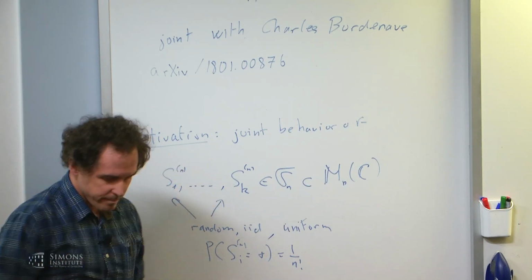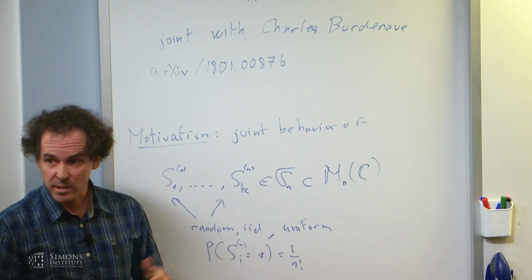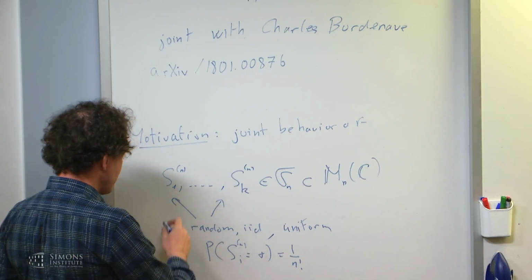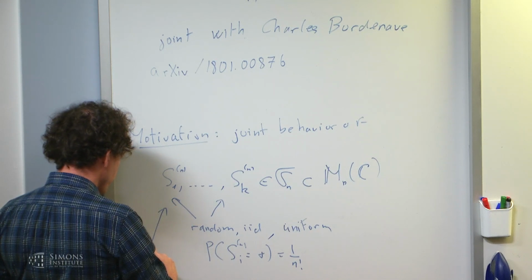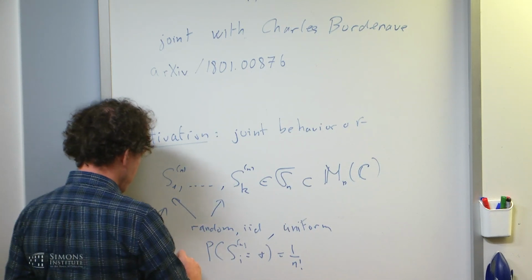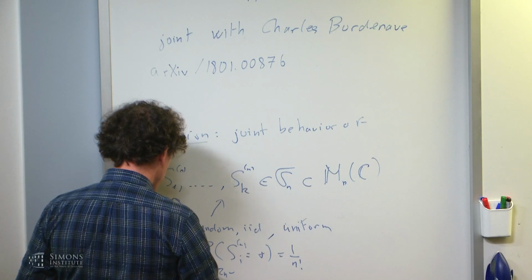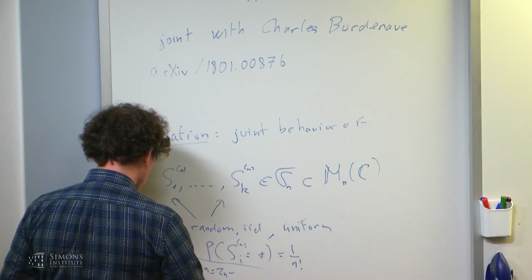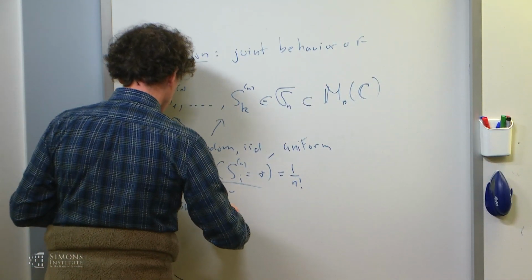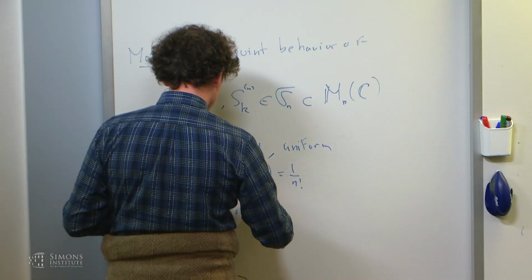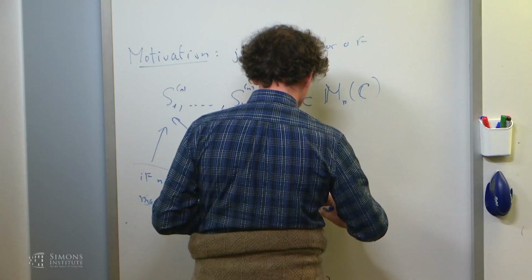So I will always assume these random matrices to be independent. I could assume that if n is even, so if n is 2n prime, I may assume that part of the matrices are random matchings.